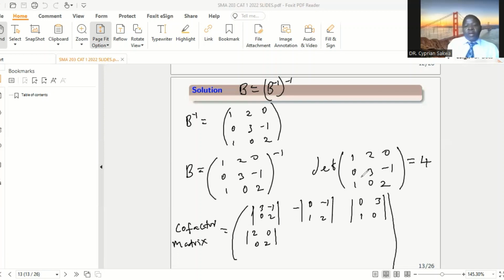And then for the other elements, the other element is 3 here. Delete its row and its column. I'll come back and indicate the signs. I have 1, 0, and 1, 2.